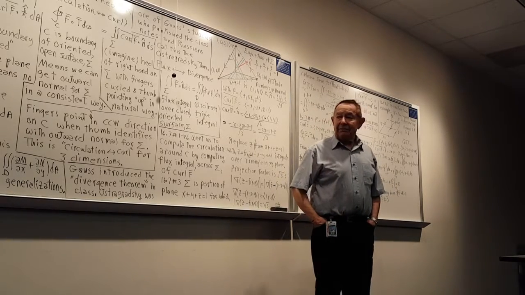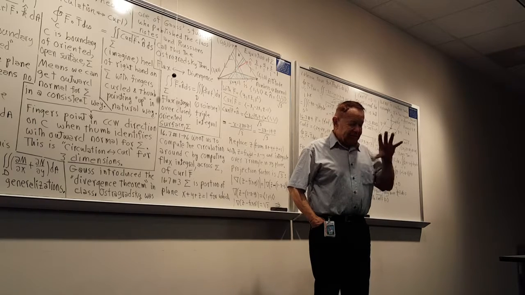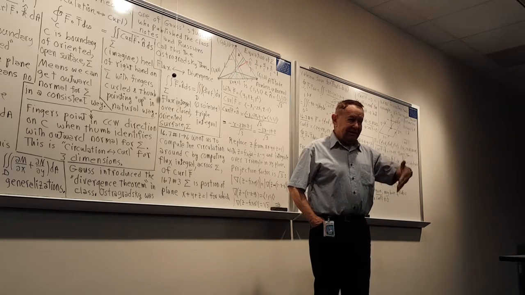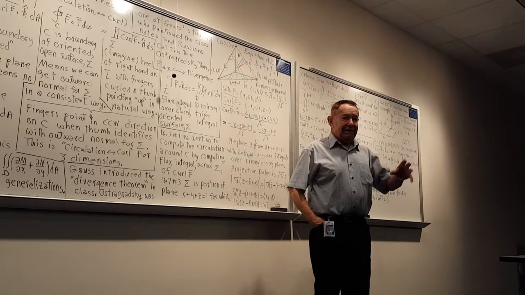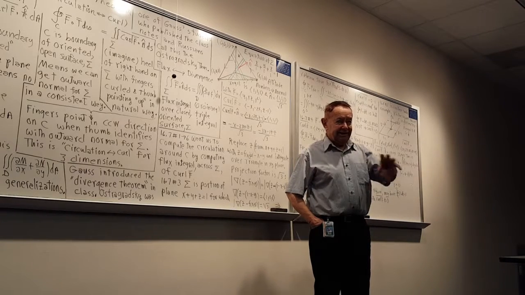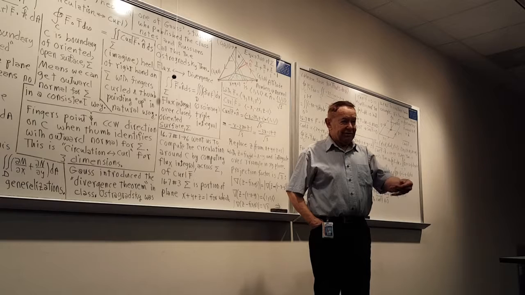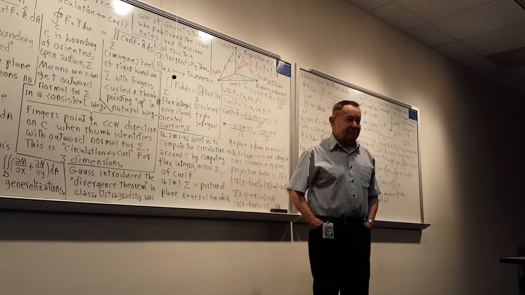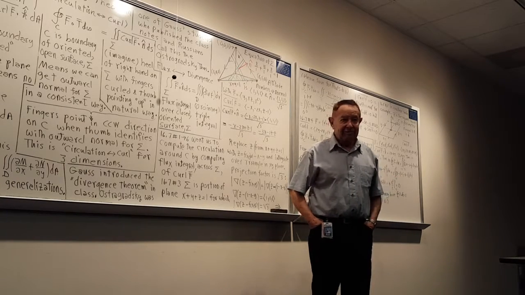So some of the problems want you to do the flux integrals, say, on the 6 sides of the box and see that the 6 of them add up to the divergence integrated through the volume. So that's where we're going.